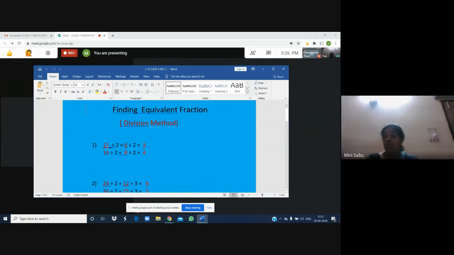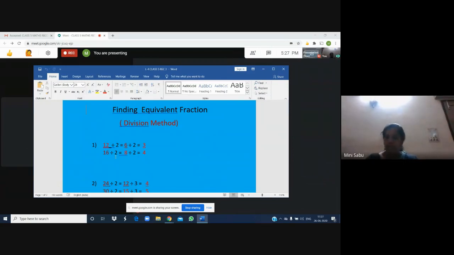That means in 4's table 12 is coming. Then 4 4s are 16. That means in 4's table 16 is also coming. So if you want, you can take 2. Otherwise you can take 4 also. There is no problem. Did you understand it? There is no rule that 2 should be taken. You can take 4 also.